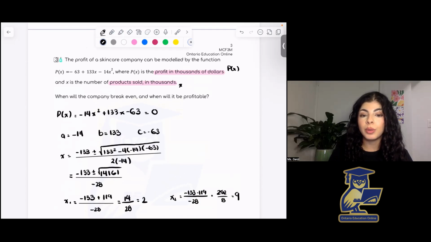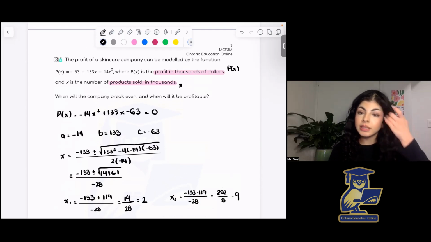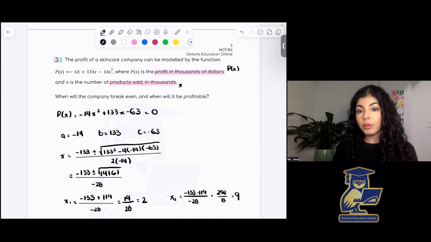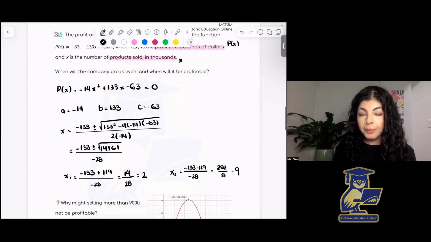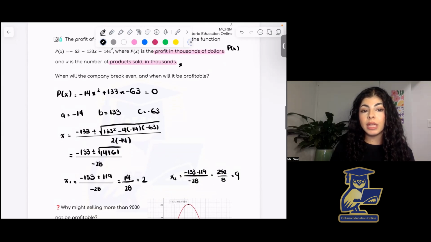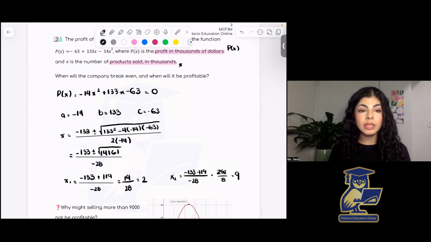So if they sell 2,000 or if they sell 9,000 products, they will break even. So they will not be making any profit, but their revenue and their costs will be the same. So their profit will be 0. That being said, similar to the question we've seen before, if you sell anything between 2,000 to 9,000, you will have a positive profit here.